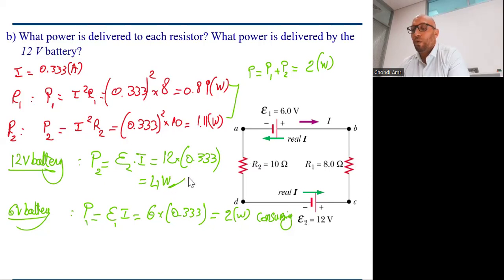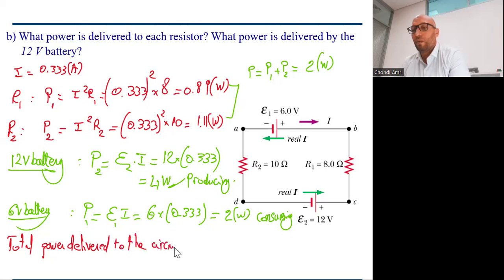And the 12-volt battery is producing 4 watts. So if we want to calculate the total power delivered to the circuit, it will be 4 watts.